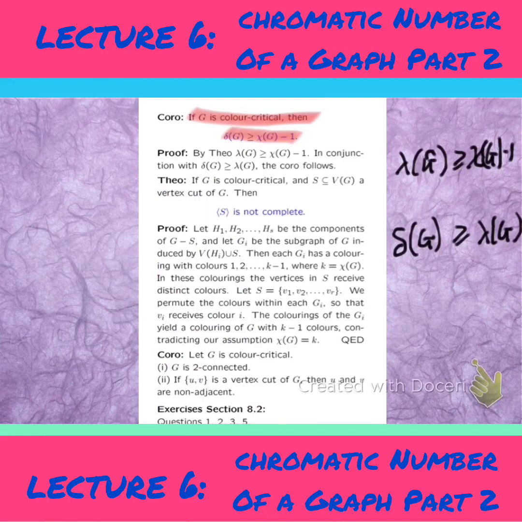So because lambda is the minimum number of edges I must remove for disconnectivity, it's therefore at most the minimum degree of G. So you can then replace that with an inequality, and you can deduce that delta of G is at least that.